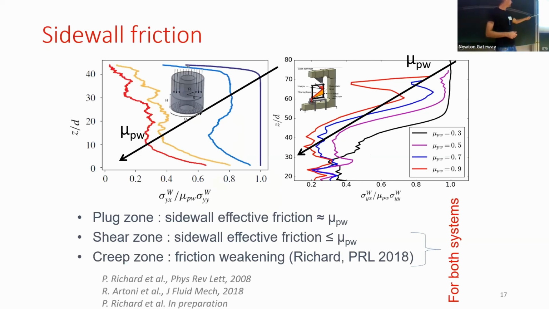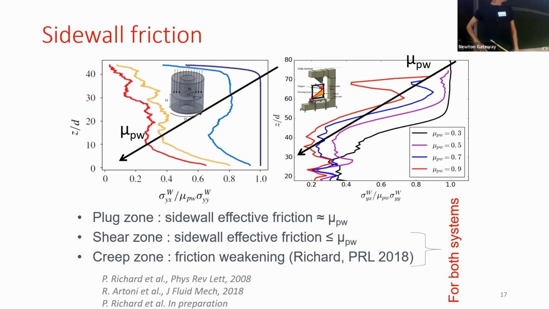So for the shear cell, the bottom is at 0 and the top is close to 40. And for the gravity-driven simulations, the free surface is close to 80. And so here we report the effective friction coefficient for different friction coefficients.